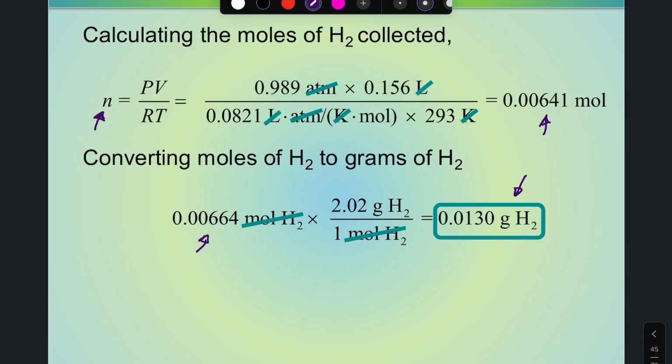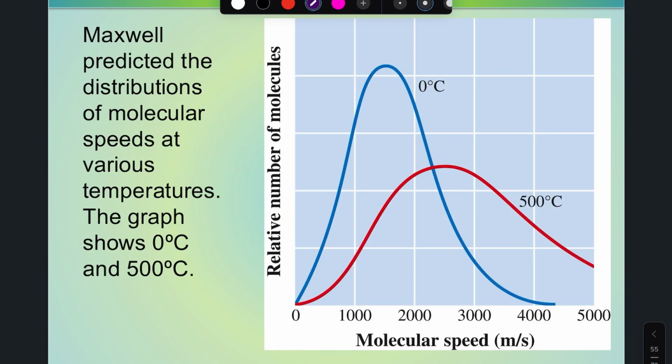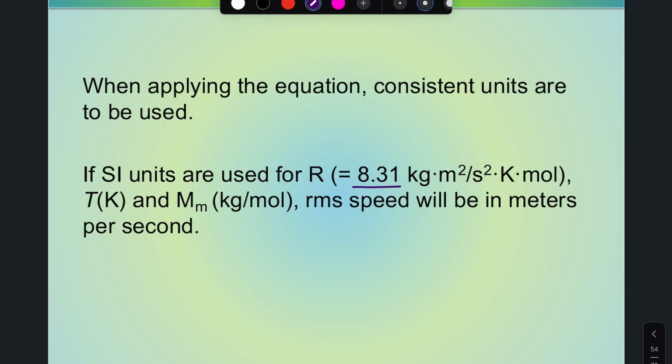Now the units, instead of kilopascals, we have kilograms. Kilograms times meters squared per second squared, divided by Kelvin times moles.